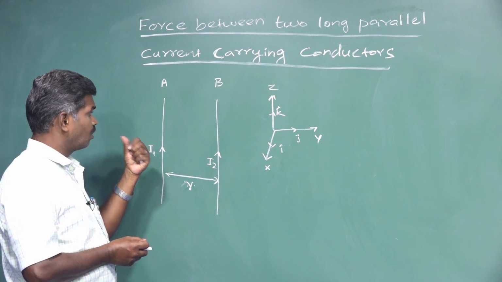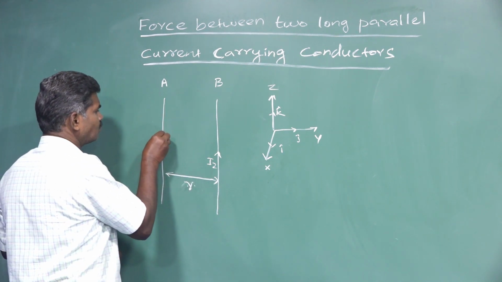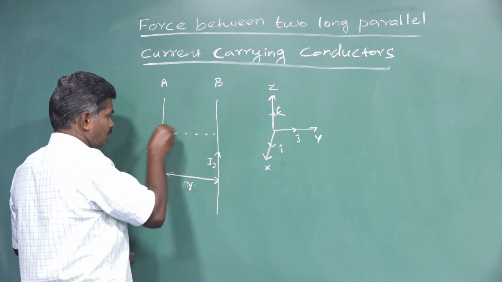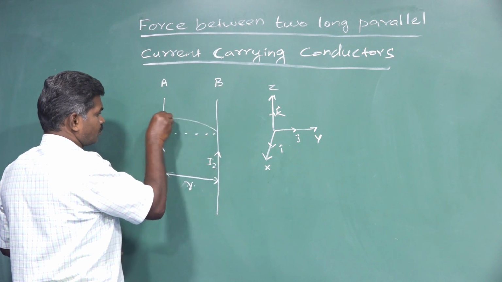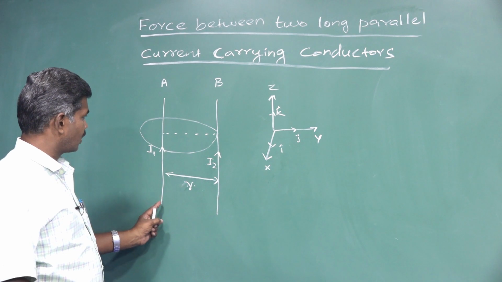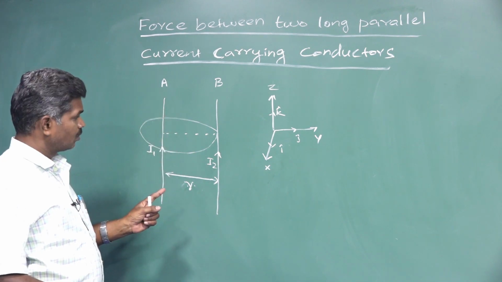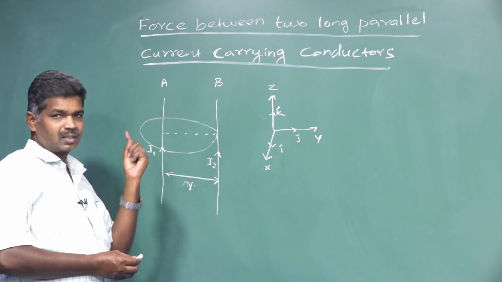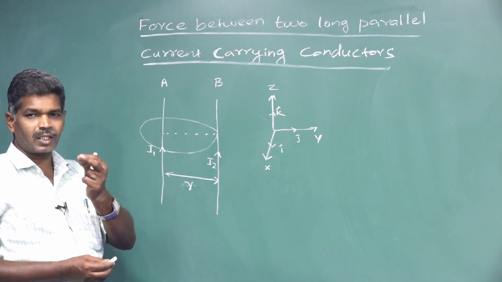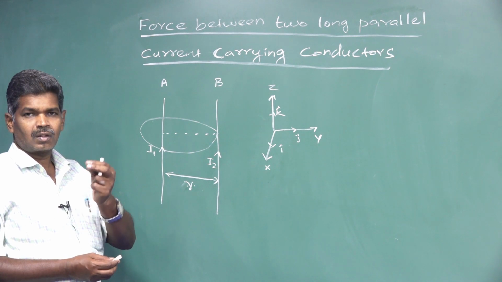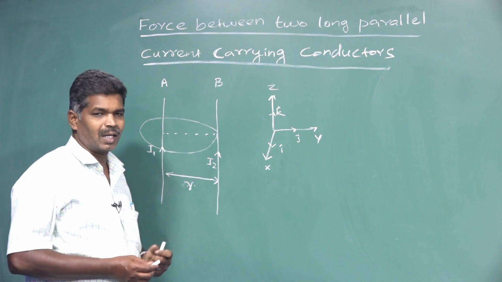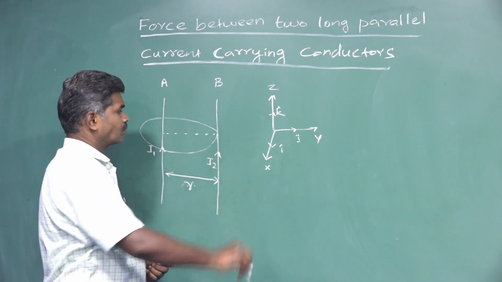Here, at distance r, we draw that circle. The conductor is in a plane, and perpendicular to the plane we draw a circle. According to the right hand thumb rule, we find the direction of the magnetic field at this point.